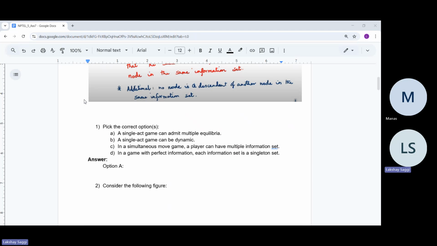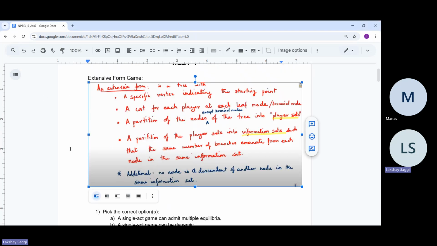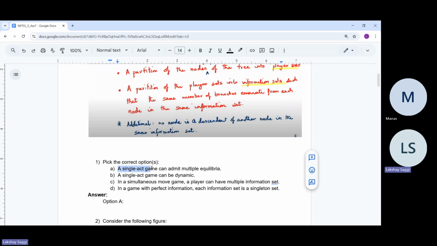I don't remember exactly what was discussed in the lecture, but if it was at most once in the lectures, then we'll be assuming that. But other than that, let's not get into the exact definition of single act games. But can a single act game admit multiple equilibria? What do you think, Manas?